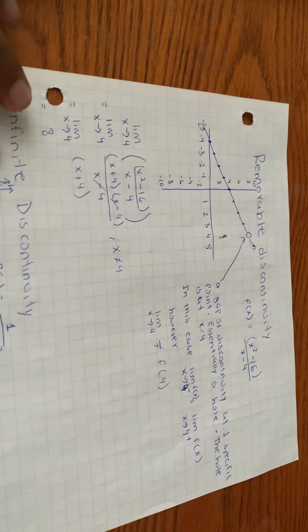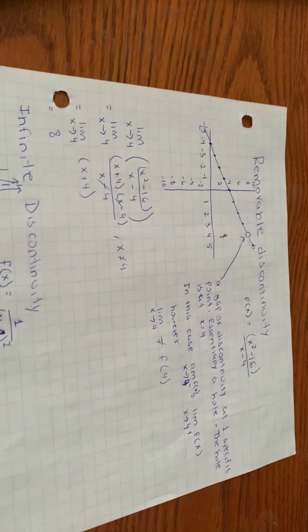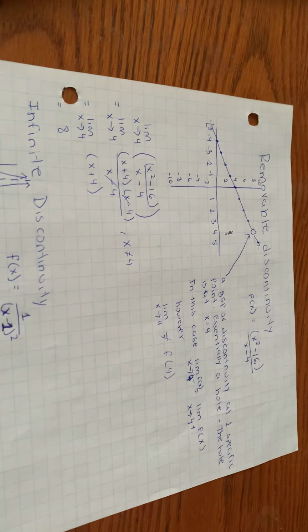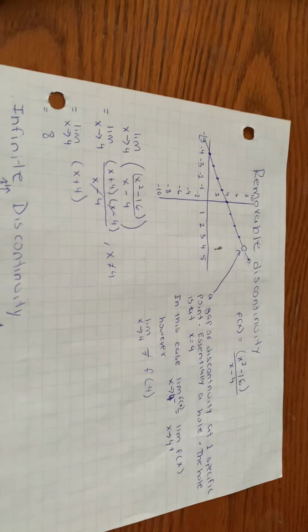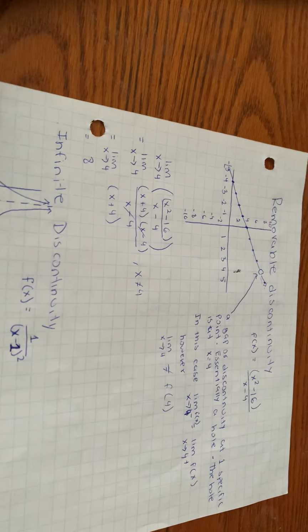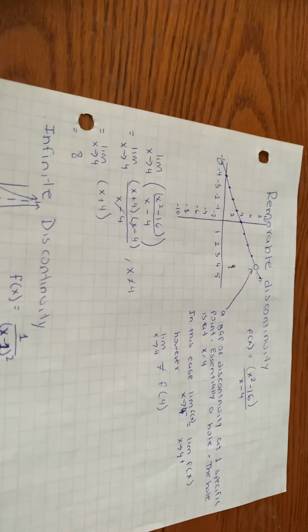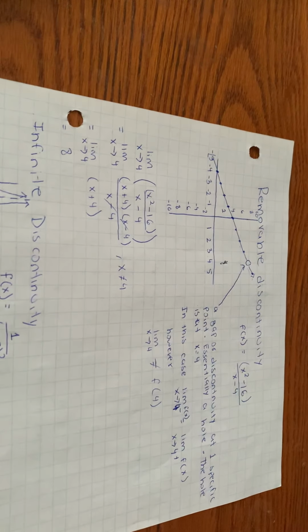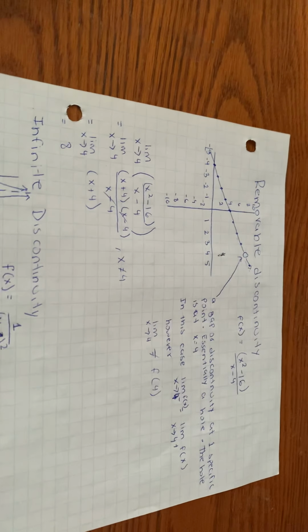So the algebraic way to prove this is that the two-sided limit exists. So when x is approaching a number from the left side and approaching it from the right side, those will be equal.